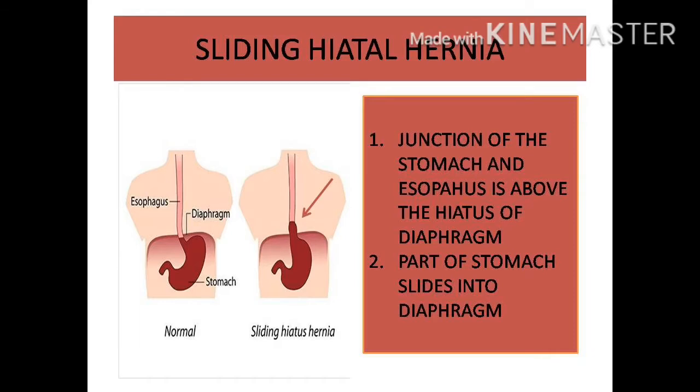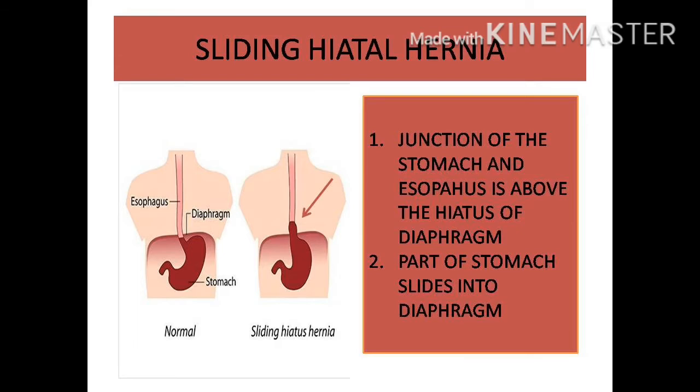The part of the stomach slides through the hiatal opening in the diaphragm into the esophagus. So when the patient is lying down, the stomach will slide into the chest region, and it comes back to normal when standing upright. This is the most common type.